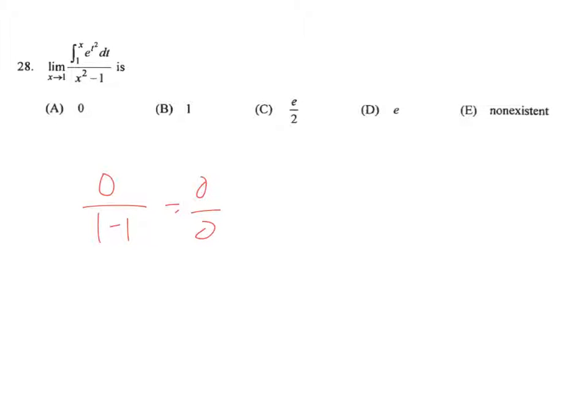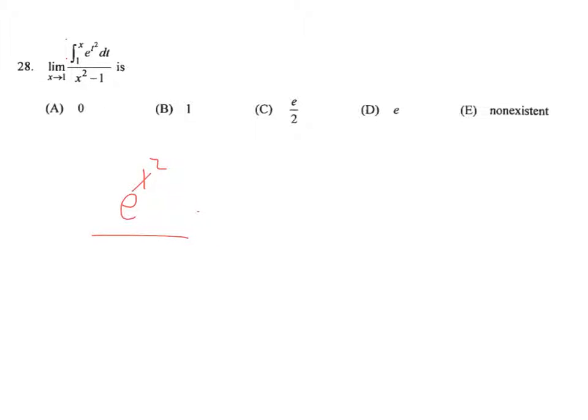Ooh. Which means we can use L'Hopital's. Good old L'Hopital's. So what do we do to use L'Hopital's? Well, we take the derivative of the top and the derivative of the bottom separately. The derivative of the integral from 1 to x of e to the t squared with respect to x, you're just going to get e to the x squared.